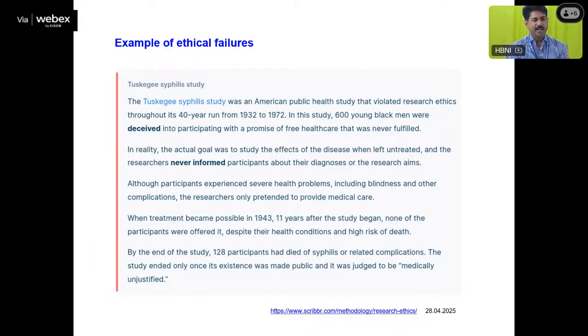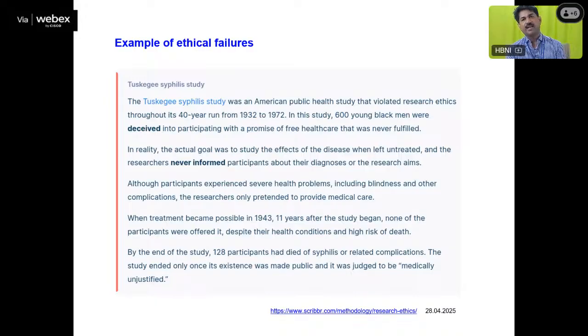Here I have given a syphilis study conducted by a public health company. That study violated research ethics throughout its 40 years of research work. They conducted the research for nearly 40 years. In this study, 600 young black men were deceived into participating with a promise of free healthcare that was never fulfilled.